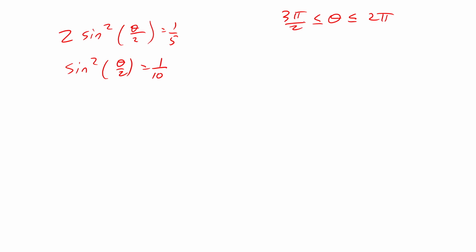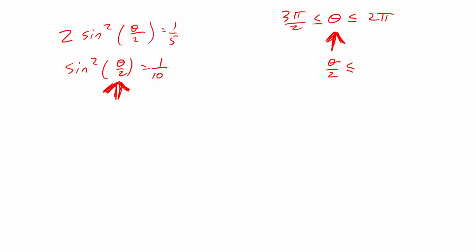Well, that's not what I need because the angle in my expression is theta over 2, and the angle in this expression is theta. So that doesn't answer the question of what quadrant it's in. But since this is theta over 2 and this is theta, why don't I just divide that theta by 2? So I'll get theta over 2 in the middle.